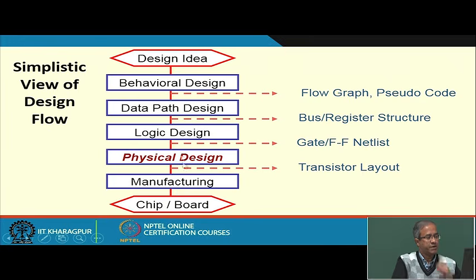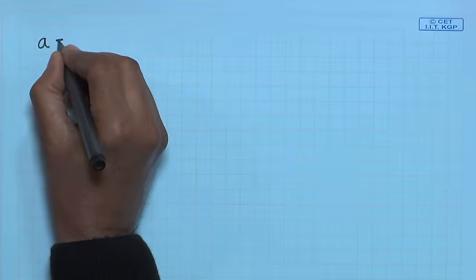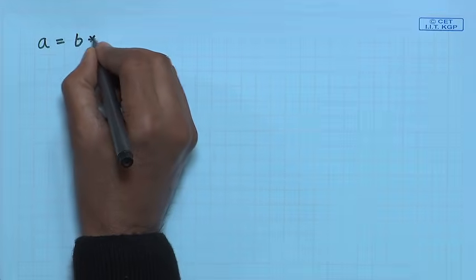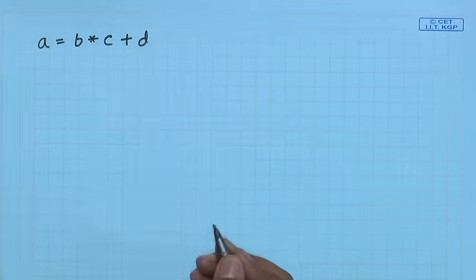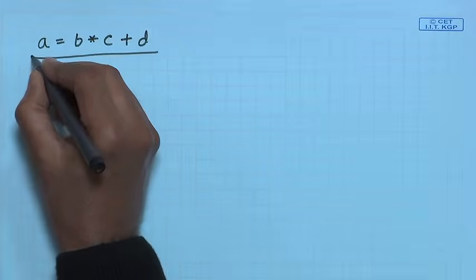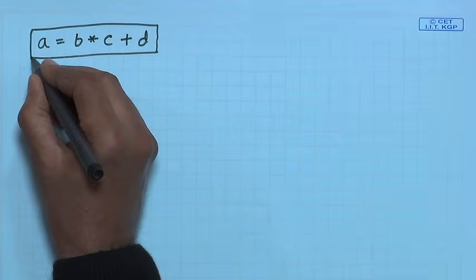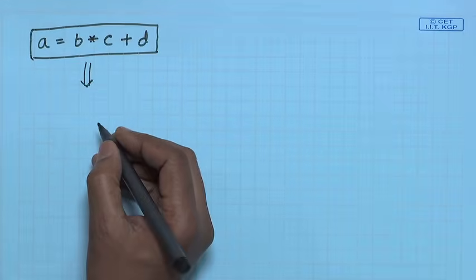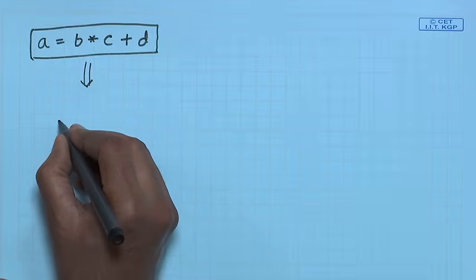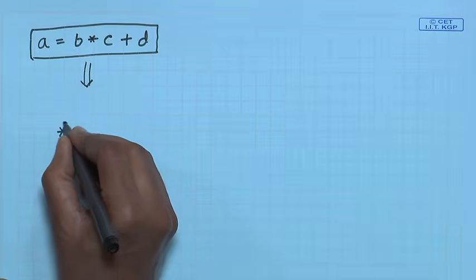Now, let us briefly look at some of these steps to understand how this works. Let us say behavioral design, what does it do? Let me take an example. Suppose I have some operation to do: I am multiplying two numbers B and C and I add it to D. This is one way of specifying what I want to do, but for a behavioral level representation, I can translate this same specification into a flow graph, which might look like this.